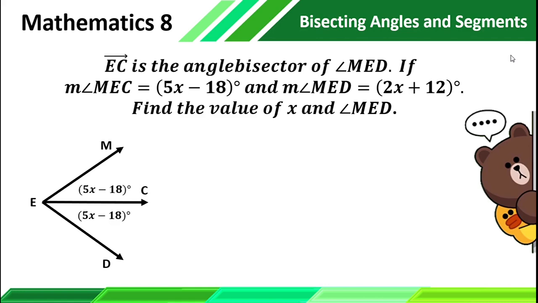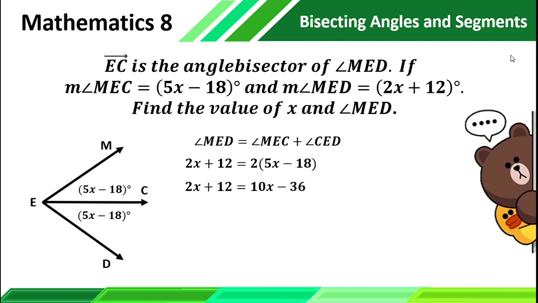We are asked to find the value of x. So to do that, we just simply add the measurement of angle MEC and angle CED. So we have 2x plus 12 equals 2 times the quantity 5x minus 18. Do the distributive property, so we will have 2 times 5x is 10x, 2 times negative 18 is negative 36.